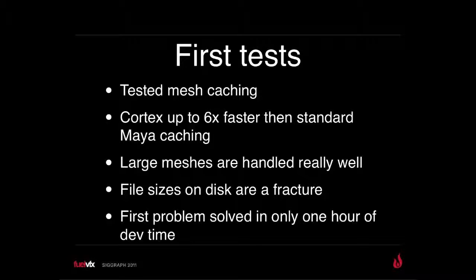Our huge 7.5 gig polygon mesh actually resulted in a cache of 17 megs on disk, which in a small company where you're constantly fighting with disk space issues and all that kind of stuff, you really appreciate that.